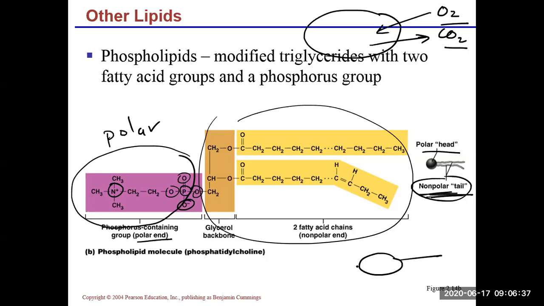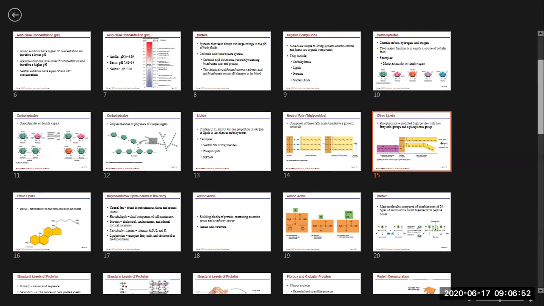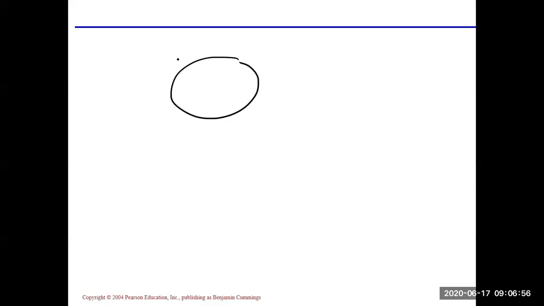When you're looking at the cell, it has, again, polar head and non-polar tail. So maybe I need to show you in a different slide. So we're looking at the cell, and this is the double layer.